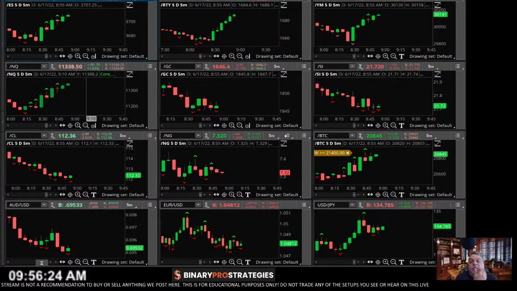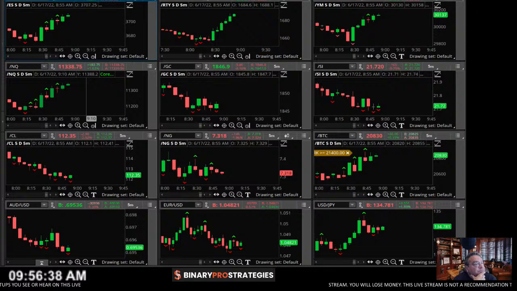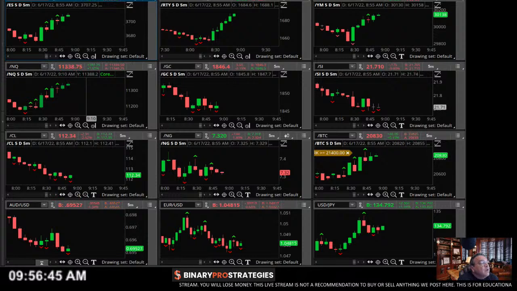What's interesting, if you look at a daily chart on Bitcoin, I think compared to the NASDAQ, they're real close in correlation, which is kind of interesting. All right, so Bitcoin doesn't hit its target.